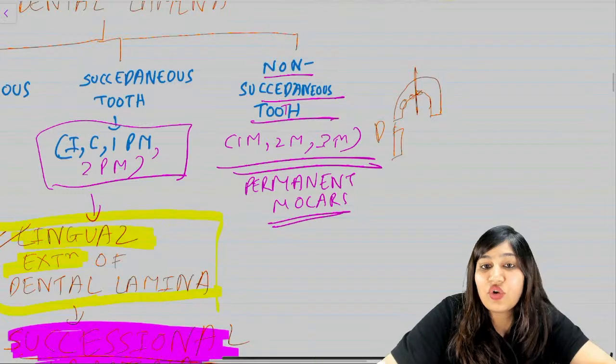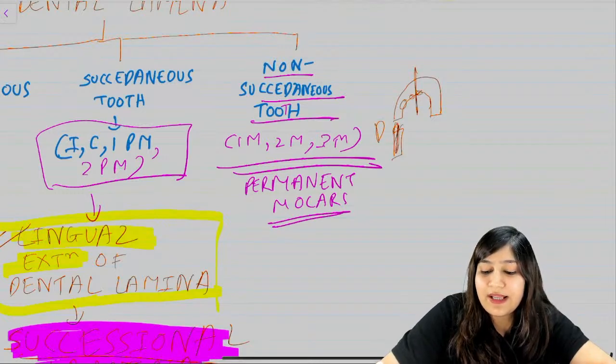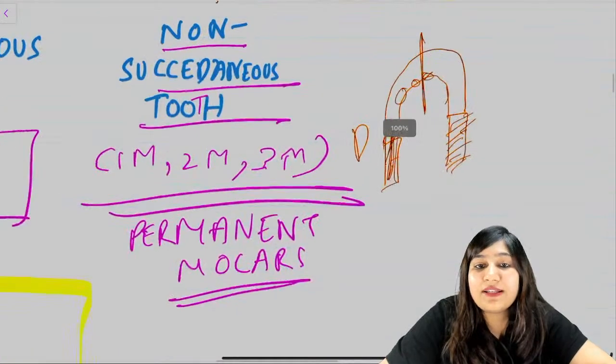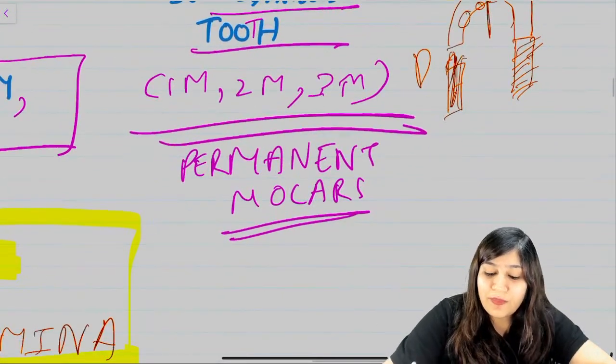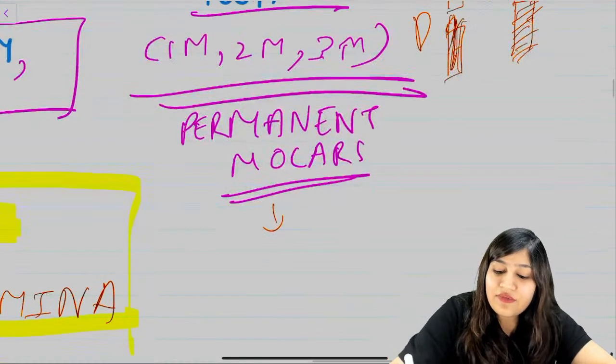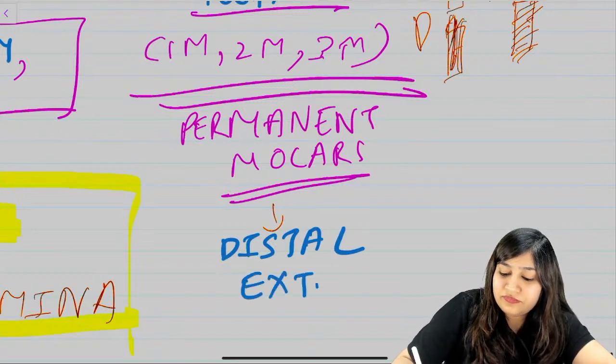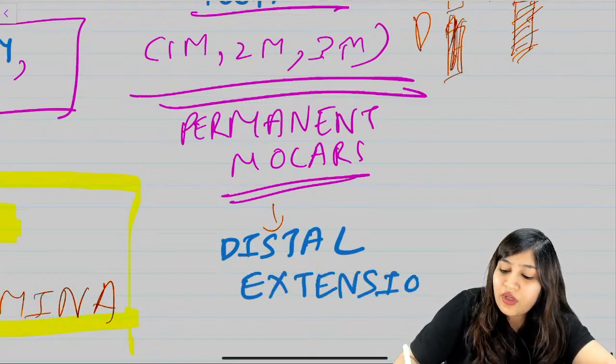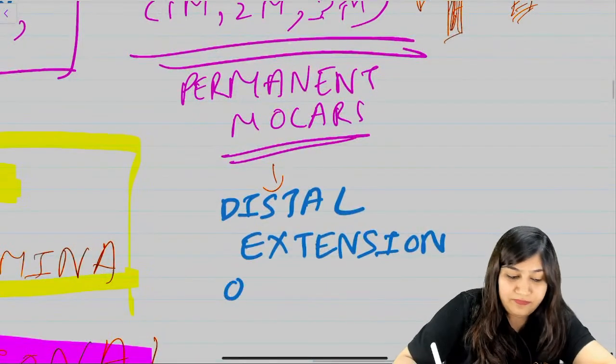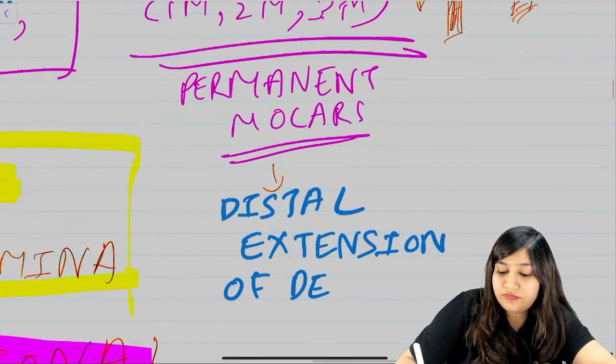This is our midline, so away from the midline is our distal extension. So permanent molars will arise from the distal extension of dental lamina.